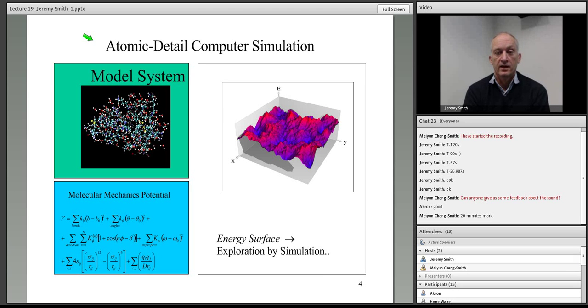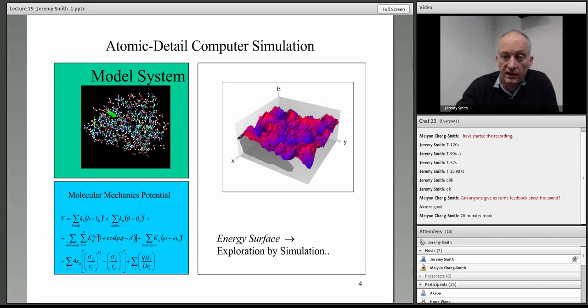It would be much nicer if we could just use mathematics. Mathematics is simple, easy to interpret, but this recognizes the fact that these systems that we want to understand are complex. There are different types of atoms involved, and each of those interacts with different types of interaction.